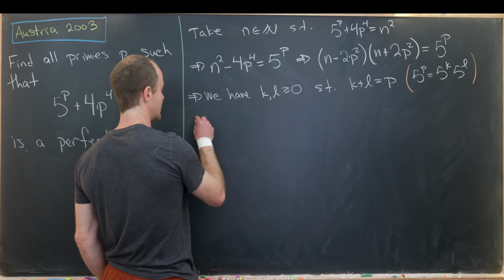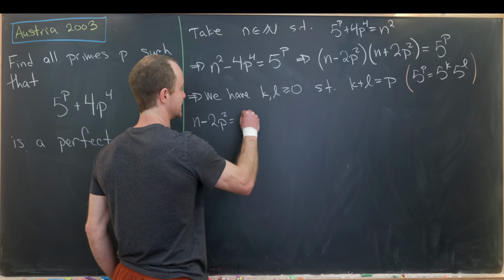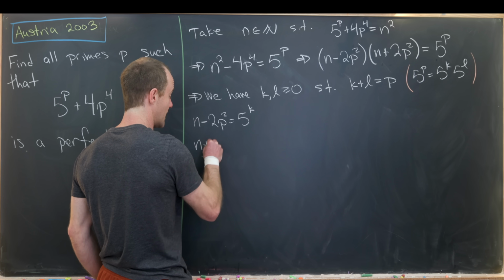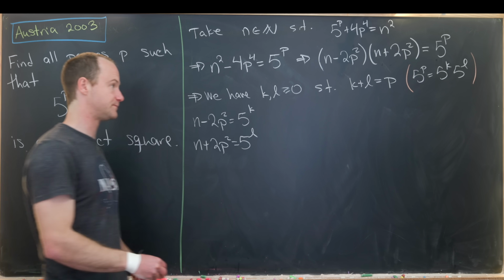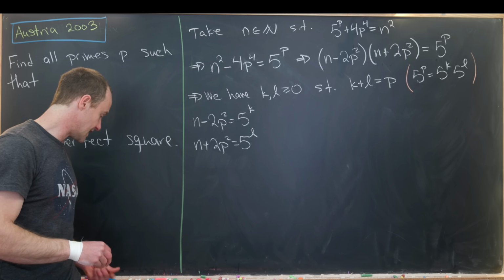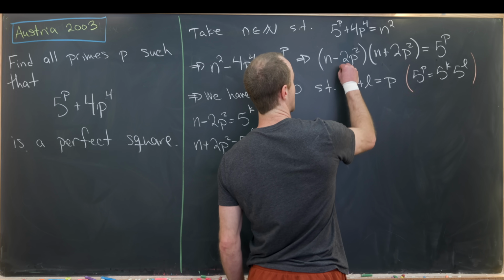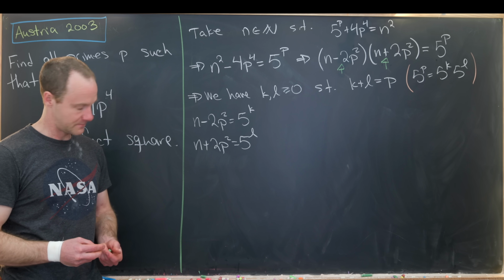And then finally, we have n - 2p^2 = 5^k, and n + 2p^2 = 5^l. Great. Again, using the fact that if the product of these is a power of 5, then each of these individually must be a power of 5.